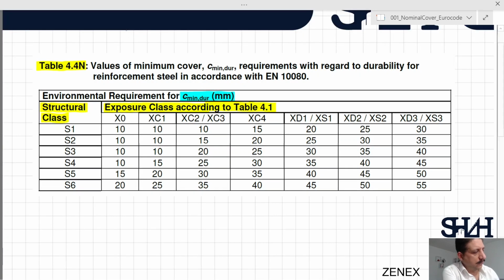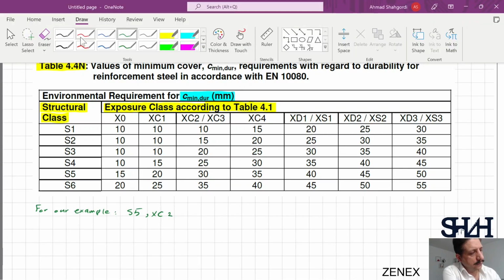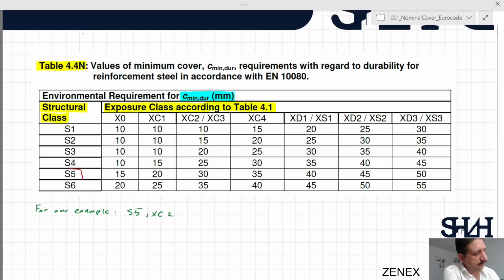For our example, it was S5 and XC2. Then C minimum durability will be 30 millimeter.